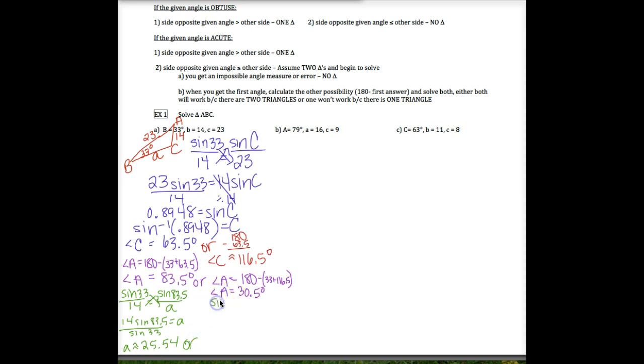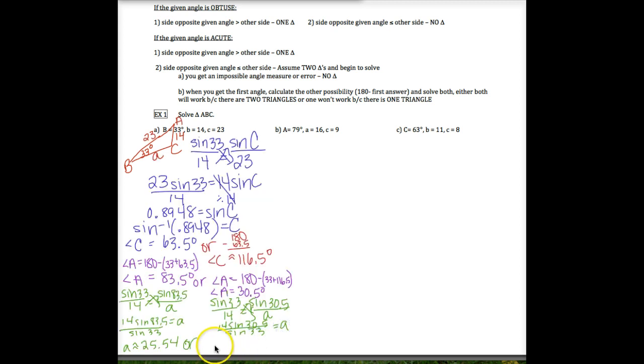So I do the same thing, sine of 33 over 14, but this time sine of this angle A possibility, so 30.5 over A. And again, do the same thing, cross multiply: 14 sine of 30.5 this time, divided by the sine of 33.